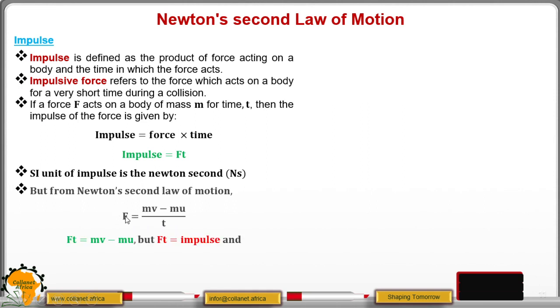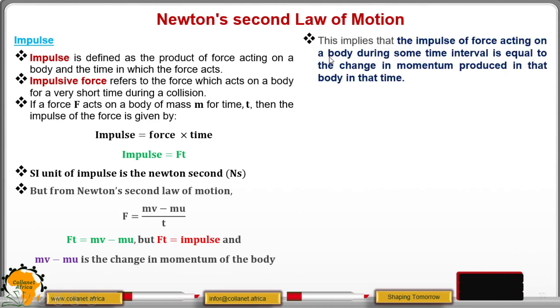If you multiply through by t, this side becomes Ft, and on this side the t cancels out. You are left with mv minus mu. So we can say that Ft is equal to mv minus mu. But we know that Ft is the impulse. Therefore, mv minus mu, the change in momentum, is also impulse. So impulse is also the change in momentum.